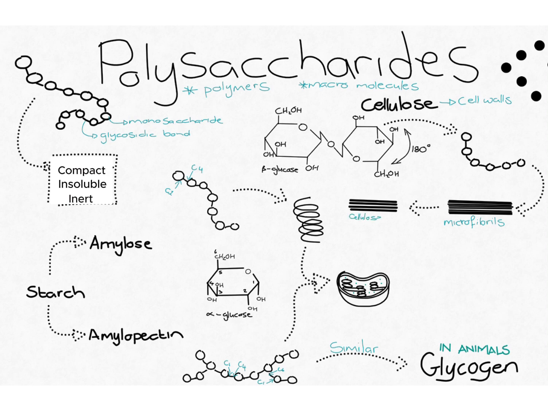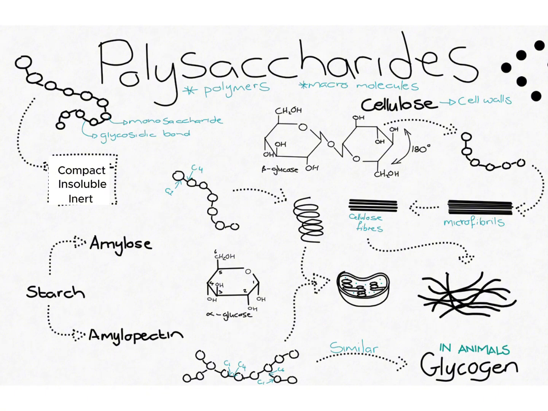The microfibrils can further form hydrogen bonds between each other to form fibers. These fibers will run in opposite directions across 20 to 40% of the cell wall. Other molecules will then cross-link with these fibers to form a matrix that is fully permeable and has a high tensile strength, almost equal to that of steel.